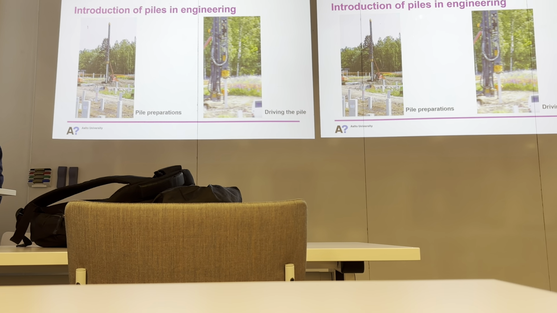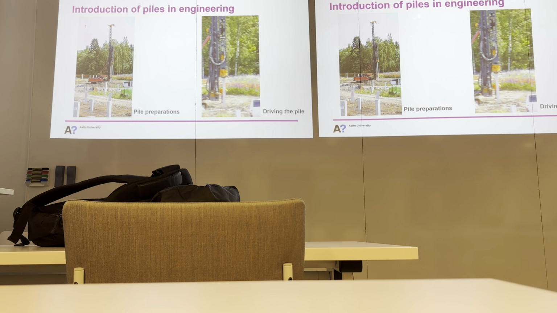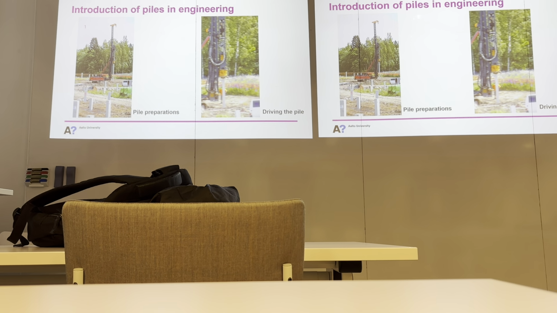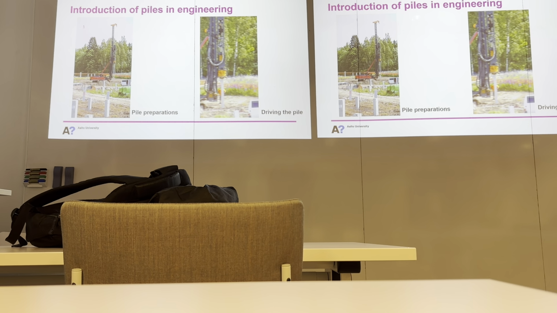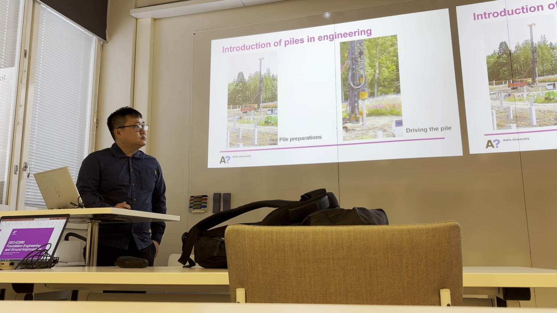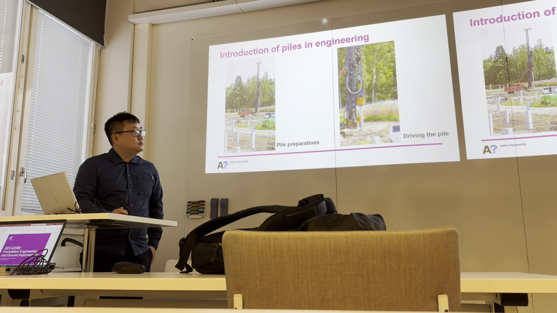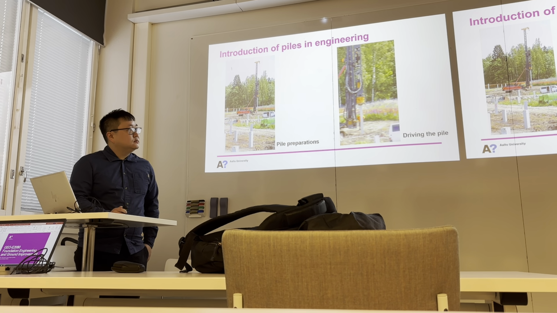This is called a pile rig, the piling machine, and this is a concrete pile which is installed. First the piling rig takes the pile and sets it into the rig, and then it goes to the place where the piling is done. So this is the preparation of the piling.